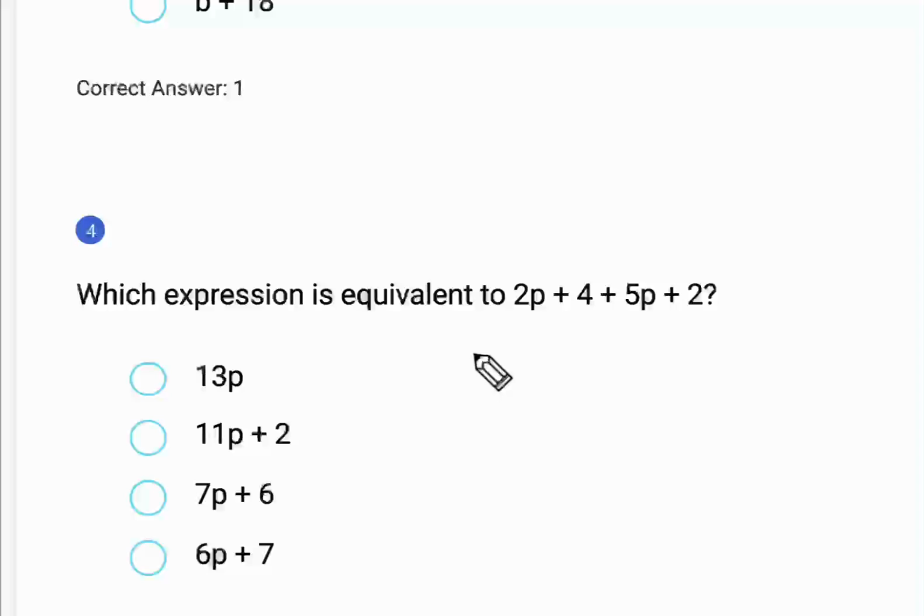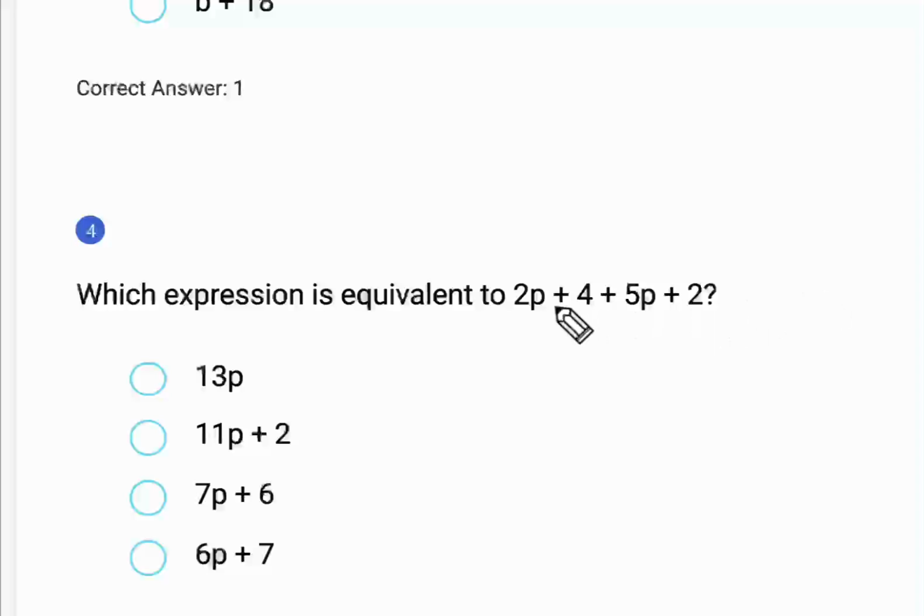You will add these like this. Your sound is not clear. We will add 2p plus 4. Okay, are these two like terms? No, teacher, 2p and 5p.